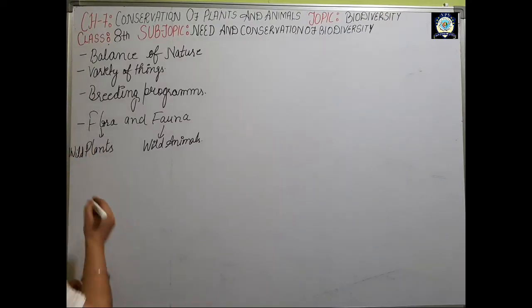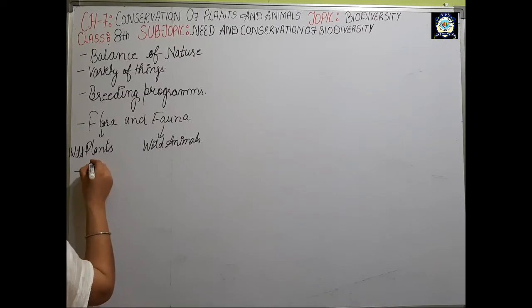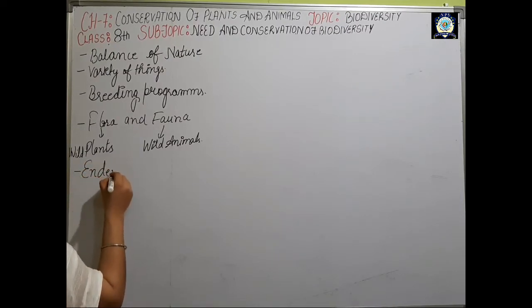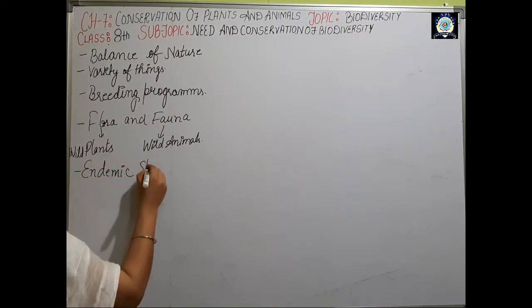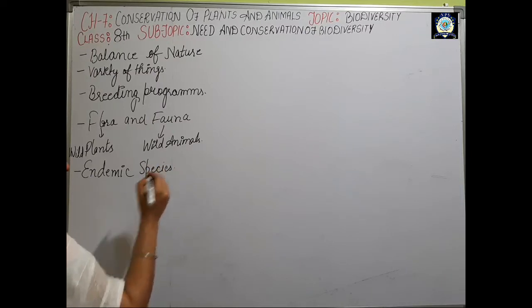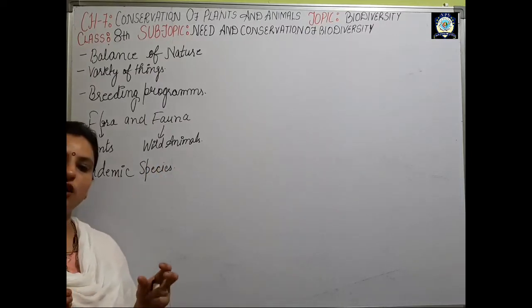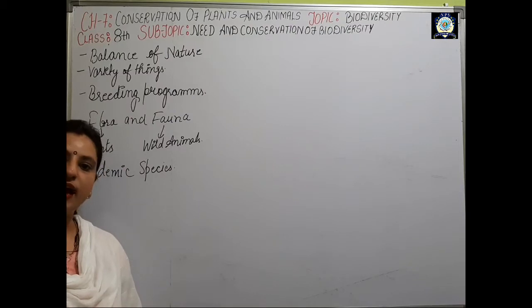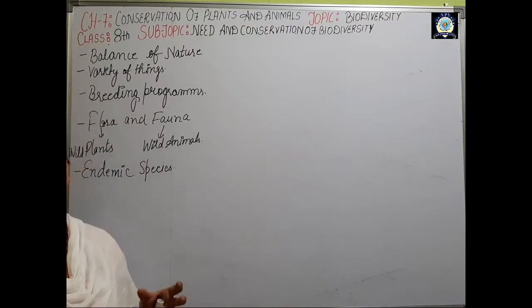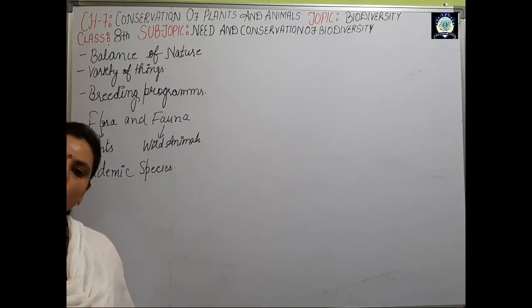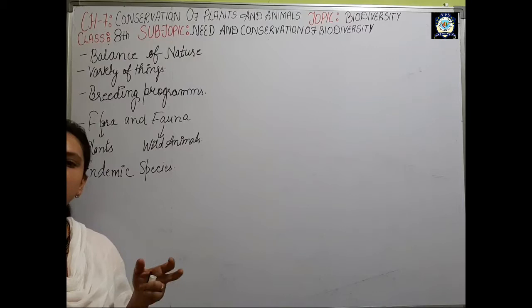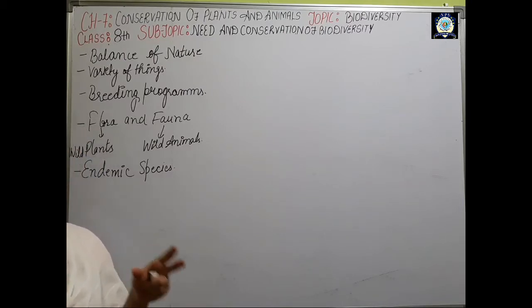Now the second terminology is endemic species. Endemic species means any species which is related to a particular area and can't be found anywhere else in the world. For example, the lion, which is babbar sher, is present in the Gir forest of Gujarat. The Himalayan weasel can only be found in Himalayan regions.